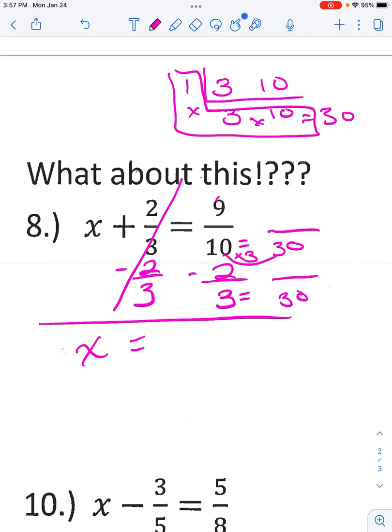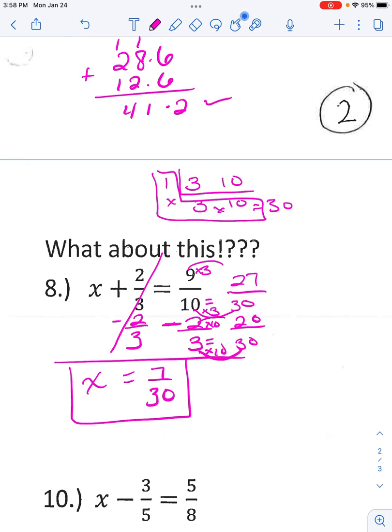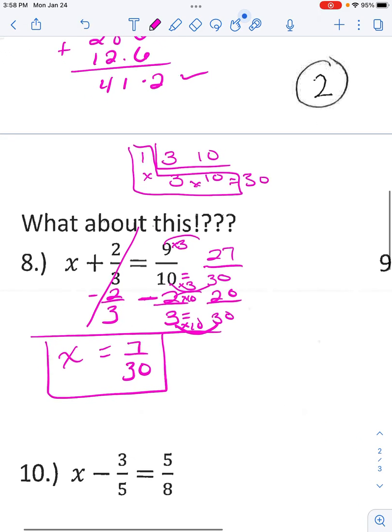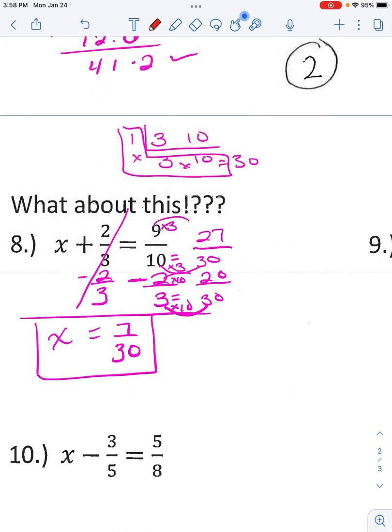Times 3 would be 27. Times 10 would be 20. Go back and look at your sign. We're subtracting. So 27/30 minus 20/30 would be 7/30. Okay. And then we can put 7/30 back in for x. So 7/30 plus 2/3.